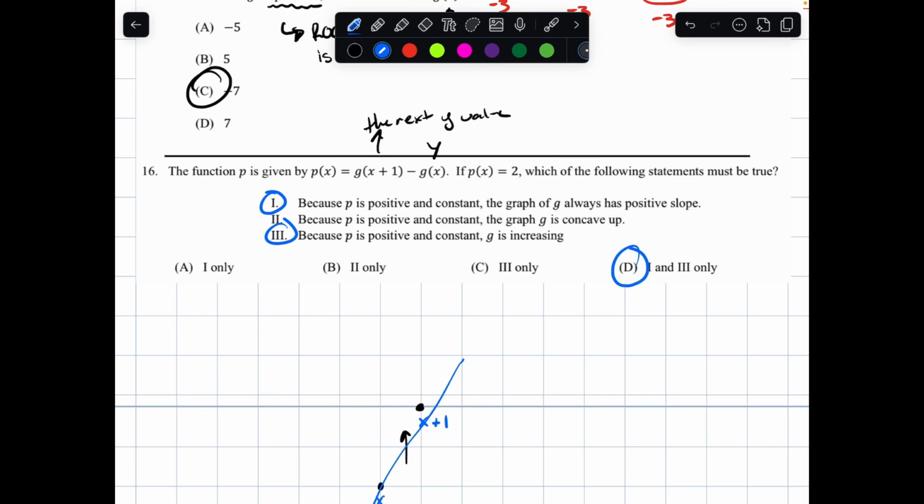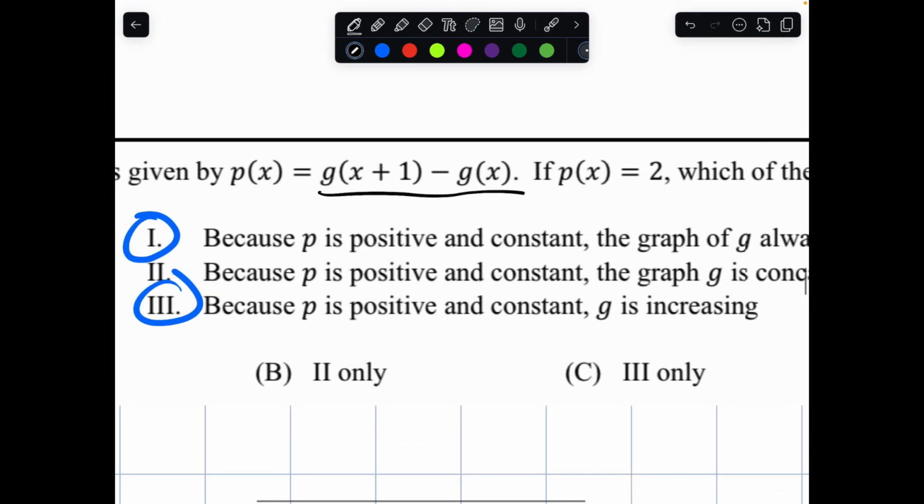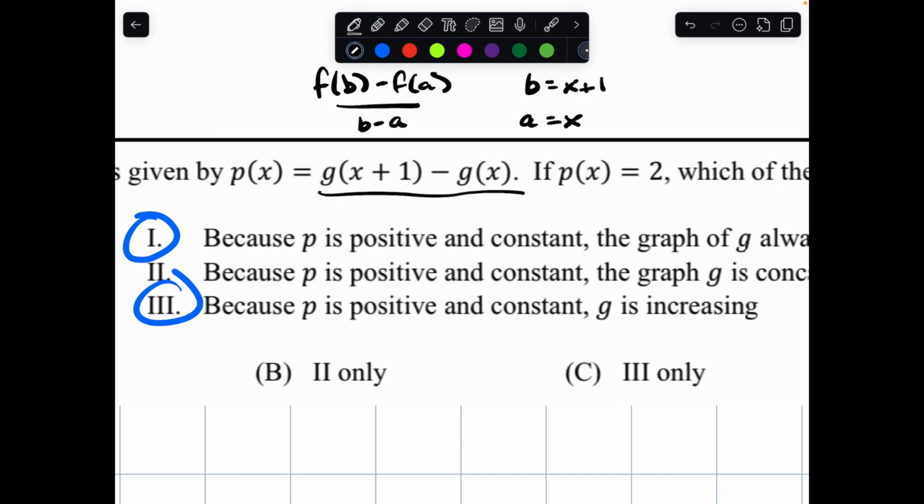Now, the other way to think about this, which is a little bit hard to see at first, is that this could be looked at as the rate of change function, where I could look at it as f of b minus f of a over b minus a, where b equals x plus 1 and a equals x. So on the bottom, I'd have x plus 1 minus x.